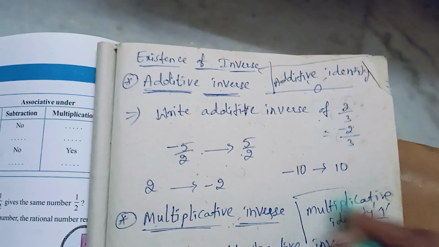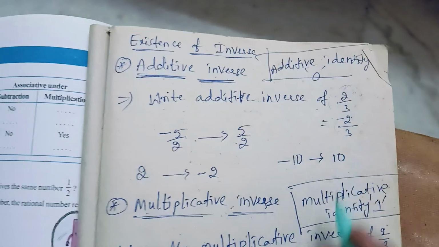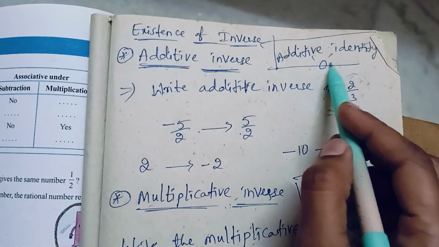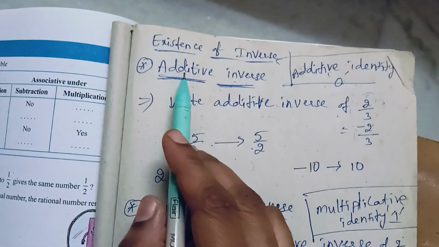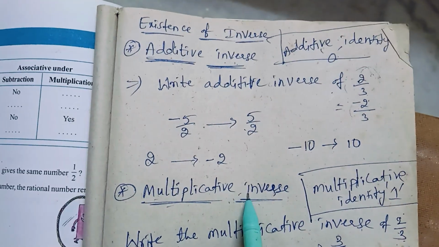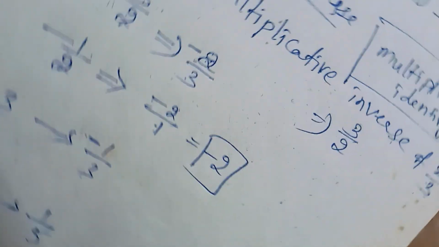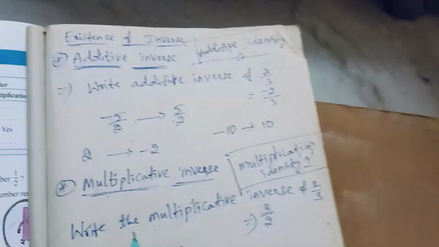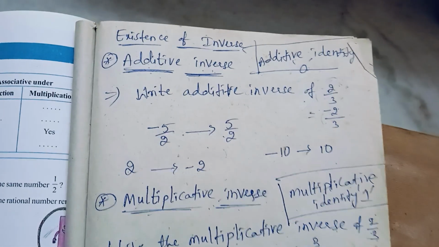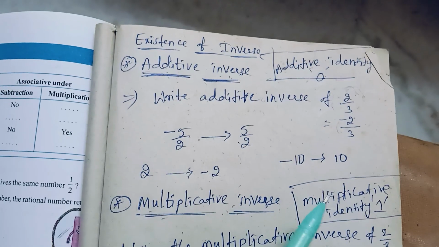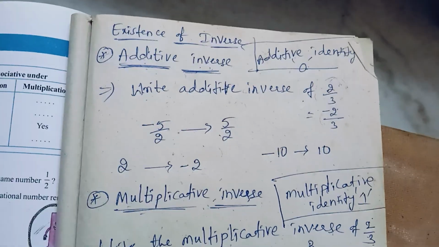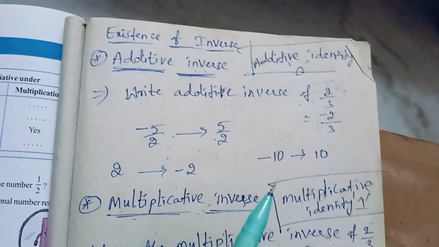The multiplicative identity is always 1 only. The additive identity is always 0. Now the additive inverse and multiplicative inverse change according to the question. This was a small topic: multiplicative inverse, multiplicative identity, additive inverse, additive identity.